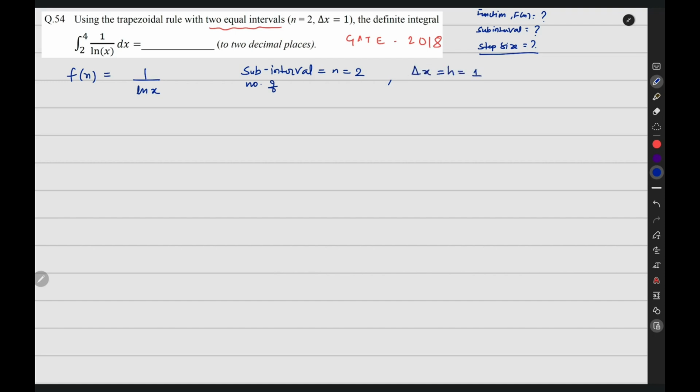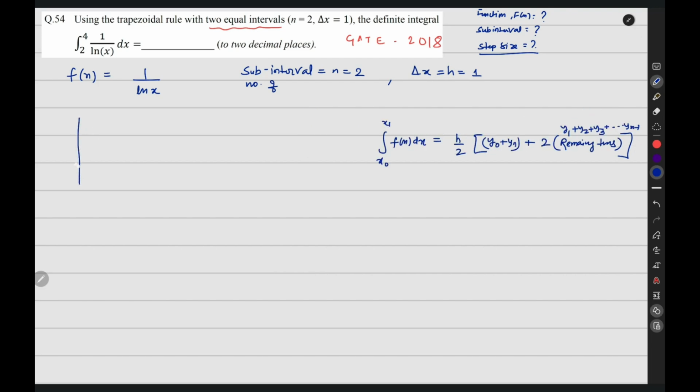So now we will write the formula: integration x0 to x1 f(x) dx equals h by 2 into first term plus last term plus 2 into remaining terms. Remaining terms are y1 plus y2 plus y3 up to yn minus 1, the second last term, because the last term we have already counted here.